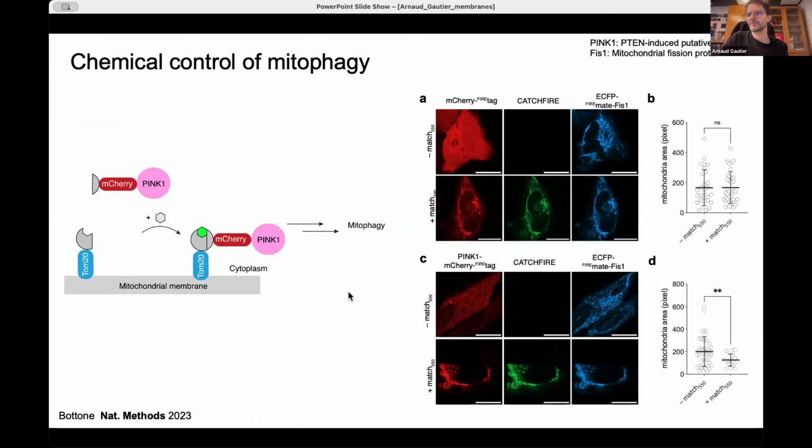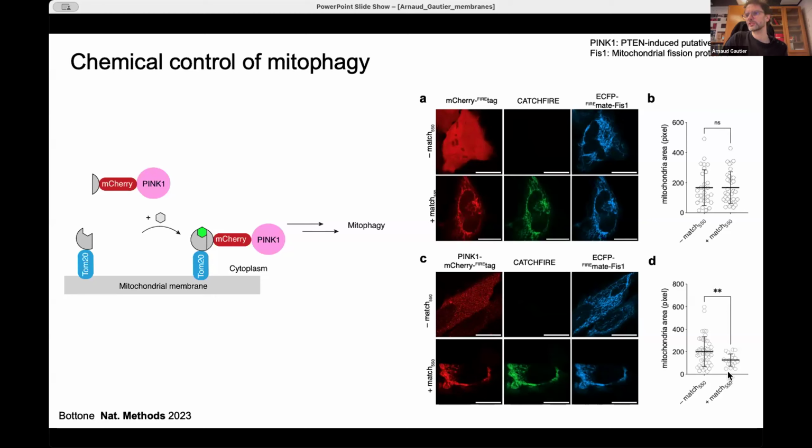And so in absence of match, what you see is very healthy mitochondria. However, when you add match and you image 2 hours after incubation with match 550, you see accumulation of PINK1 at the surface of mitochondria, and you see a clustering of mitochondria, which is indicative of induced mitophagy.